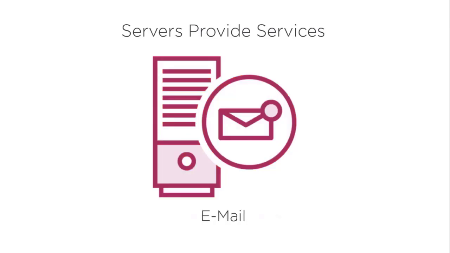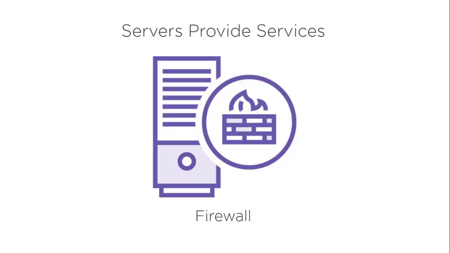It also provides email server service, like Exchange Server, which is hosted on a Windows server. Also the server acts as a firewall server. We install software firewalls on our Windows server also.